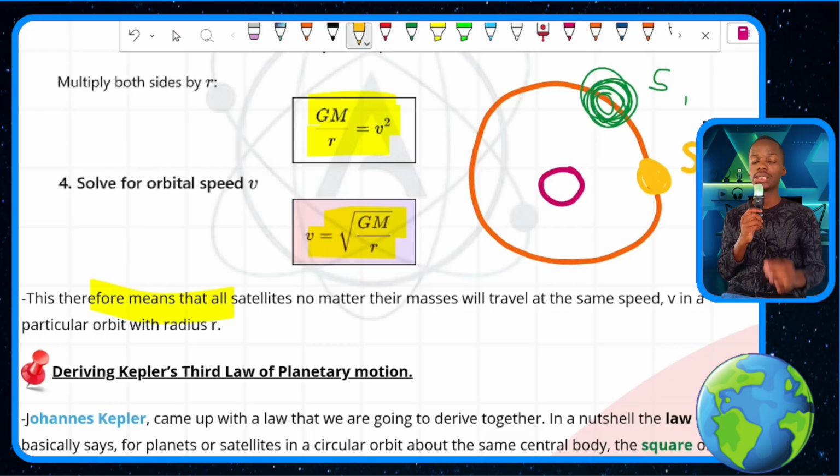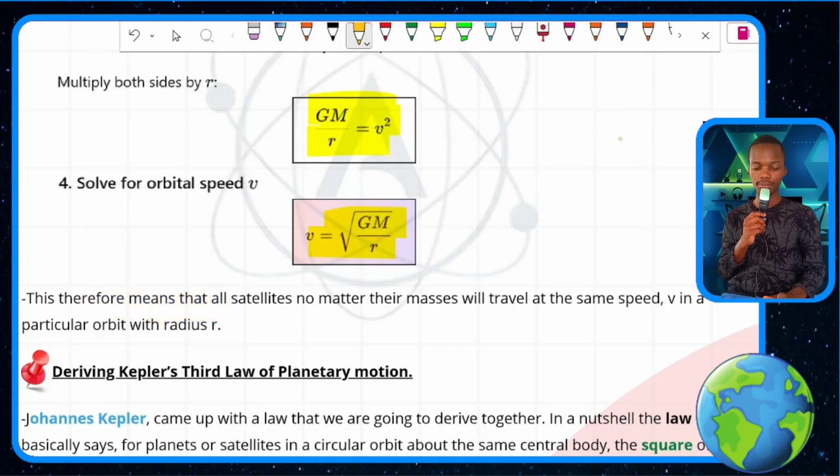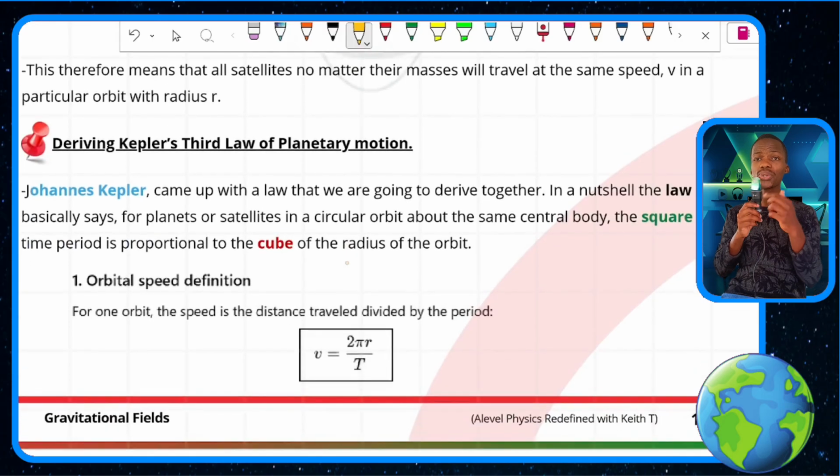Because it's independent of the mass of the object. You need to consider the mass of the thing at the center, which was the Sun, and the radius itself, which is the radius of that specific orbit, which will be r. So that's something that you need to be considering. Okay, so we also have another equation that we need to talk about, right?